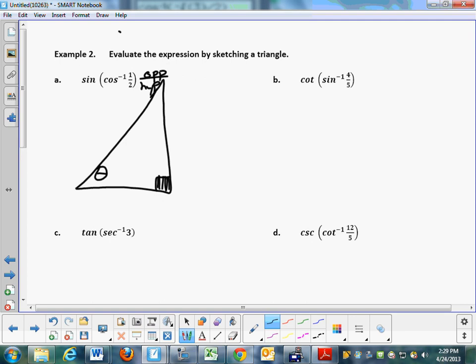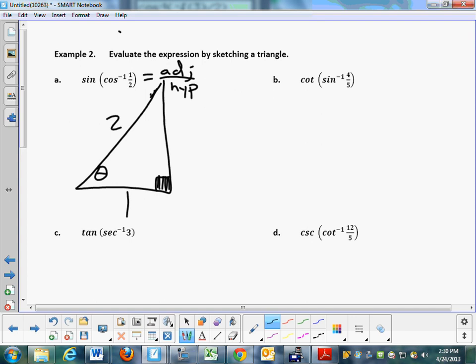You can refer to them if you need to. So, what that means is the opposite side is going to be 1. The hypotenuse is going to be, no, it's not opposite over hypotenuse. What is it? Adjacent over hypotenuse. The hypotenuse is 2 and the adjacent is 1.